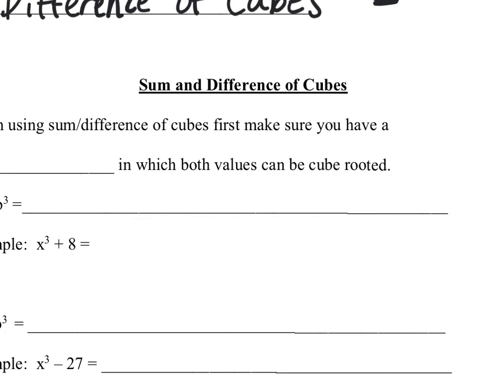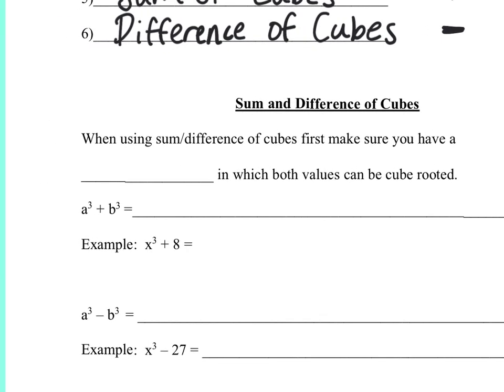So, when using sum or difference of cubes, you must first make sure that you have a binomial. How many terms is in a binomial? 2.